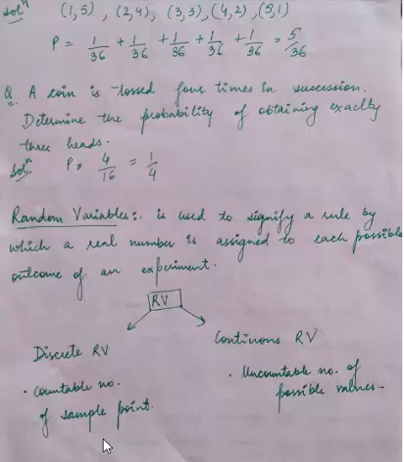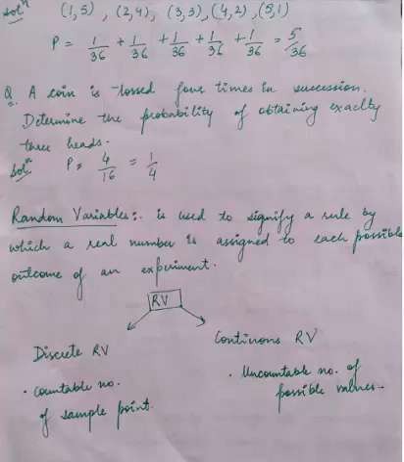Now the second is the continuous random variable. A continuous random variable is one which takes an infinite number of possible values. So continuous random variables are usually measurements. We can also say such a random variable generates an infinite number of outputs within a finite period of time.